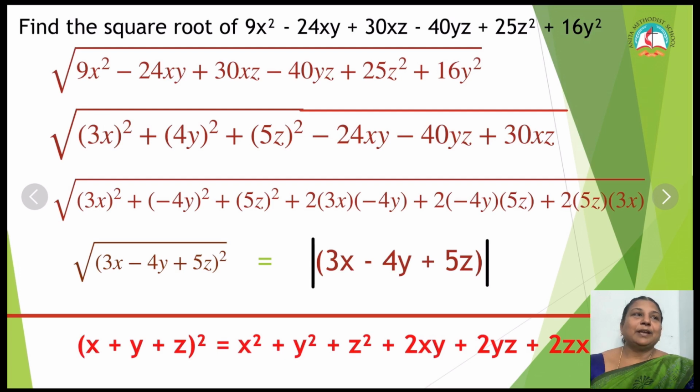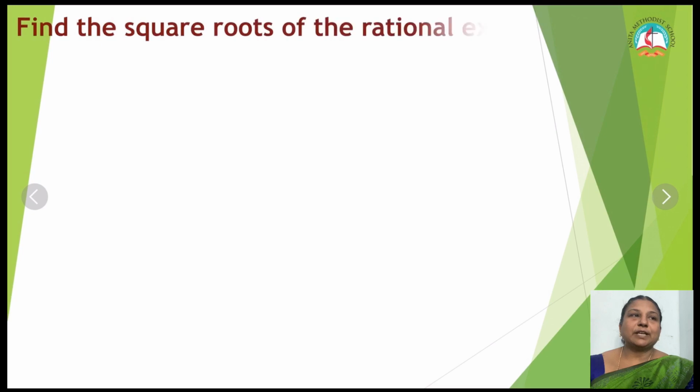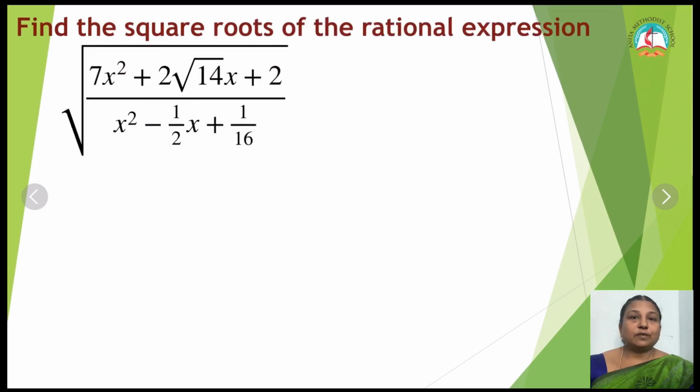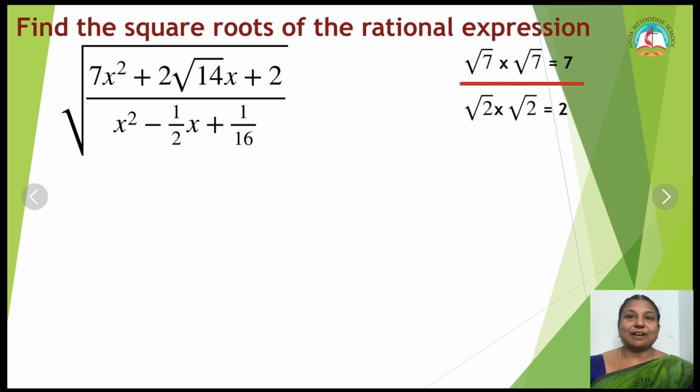Okay. Now, find the square root of the rational expression: 7x squared plus 2 into 4 root 14x plus 2, divided by x squared minus 1 by 2 x plus 1 by 16. Can you see here 7 is there? How can you square the 7? Yes, think. Root 2 into root 7 into root 7, what will you get? 7.